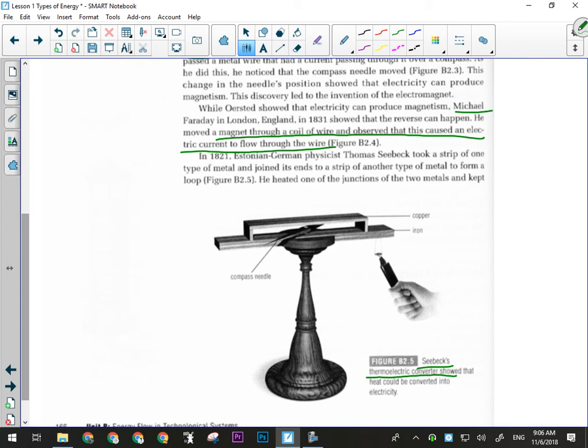Well, with the flow of heat comes a flow of charged particles, an electric current. It doesn't produce much of an electric current, but it's enough that the compass needle will orient itself parallel to the apparatus, proving that just heating this up is causing a small electric current to be formed.